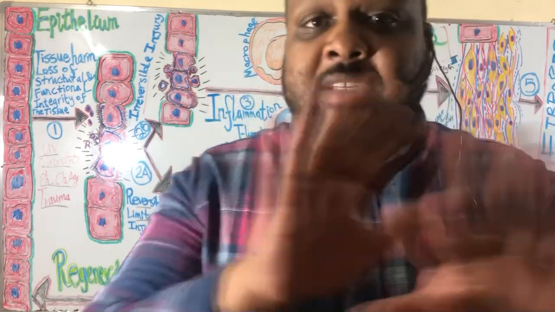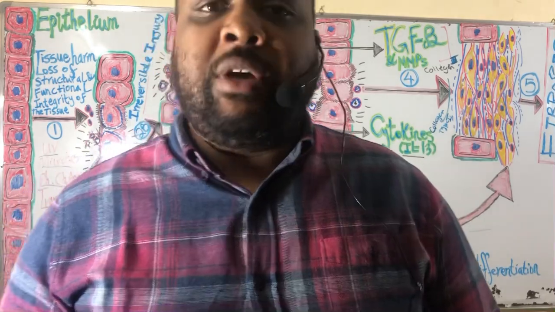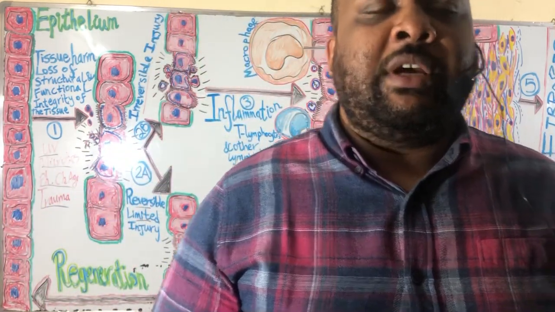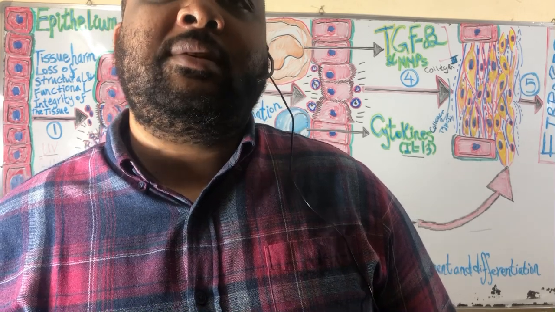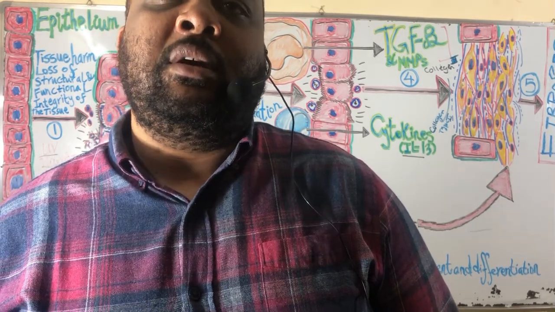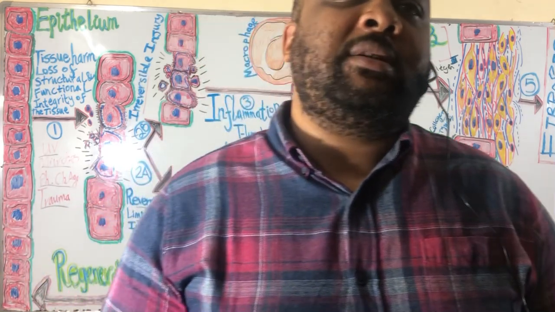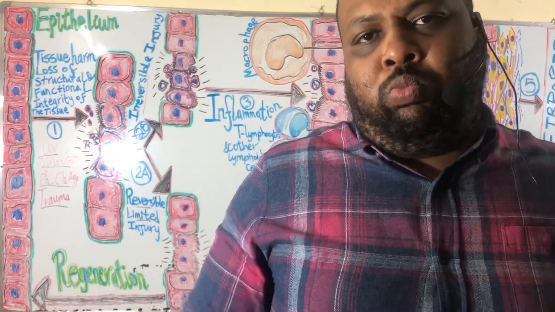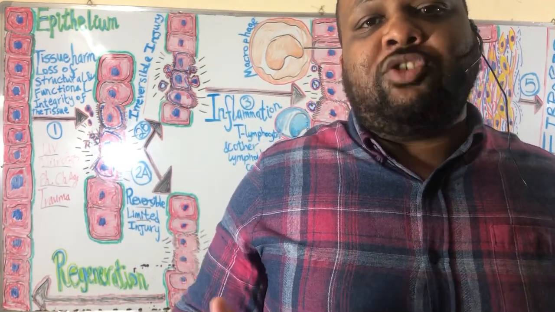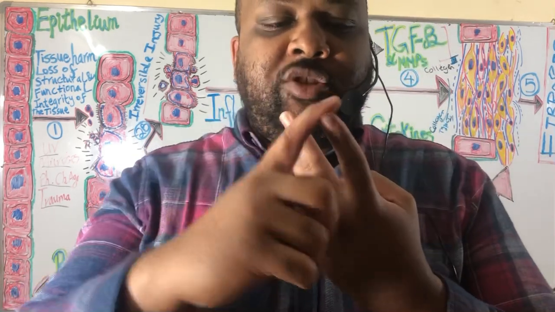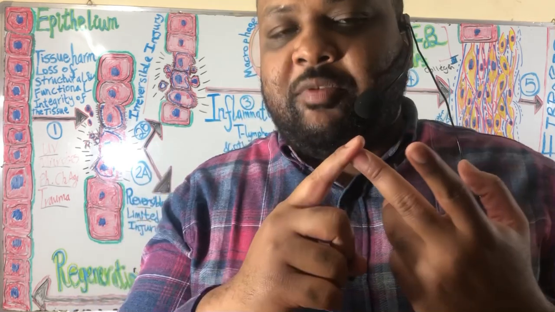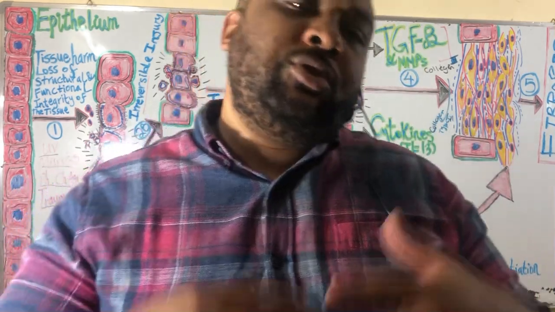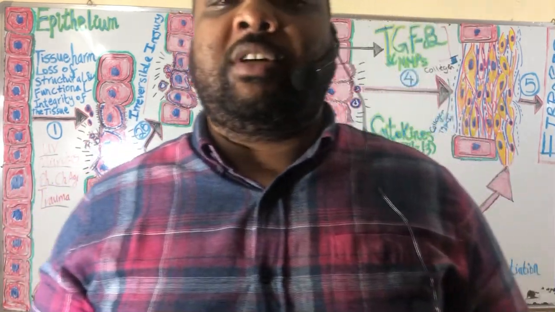And then there are terminally dividing tissues that no longer divide, like the neurons and the cardiac myocytes. These cells, the neurons and the cardiac myocytes, they just do not divide. So imagine an injury in the three. Injury in the labile tissue would heal very fast. Injury in the second type of tissue, stable tissues, would take a little bit longer.